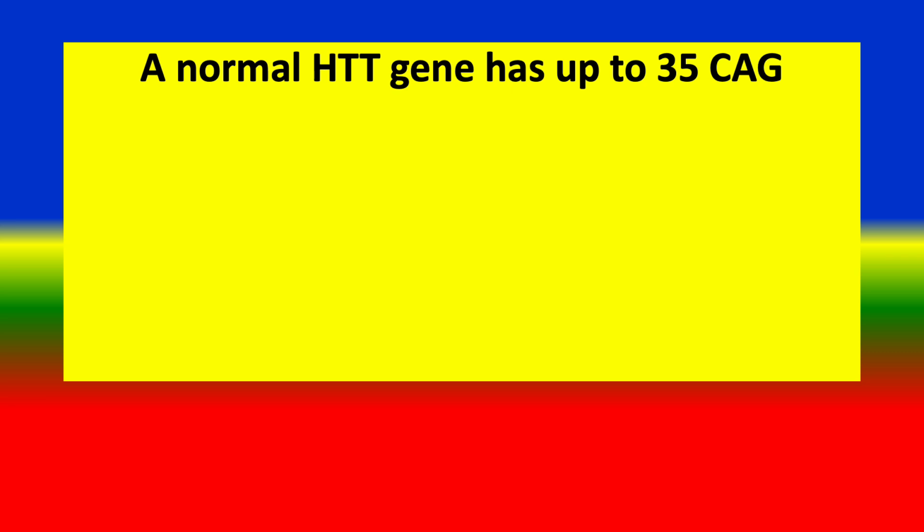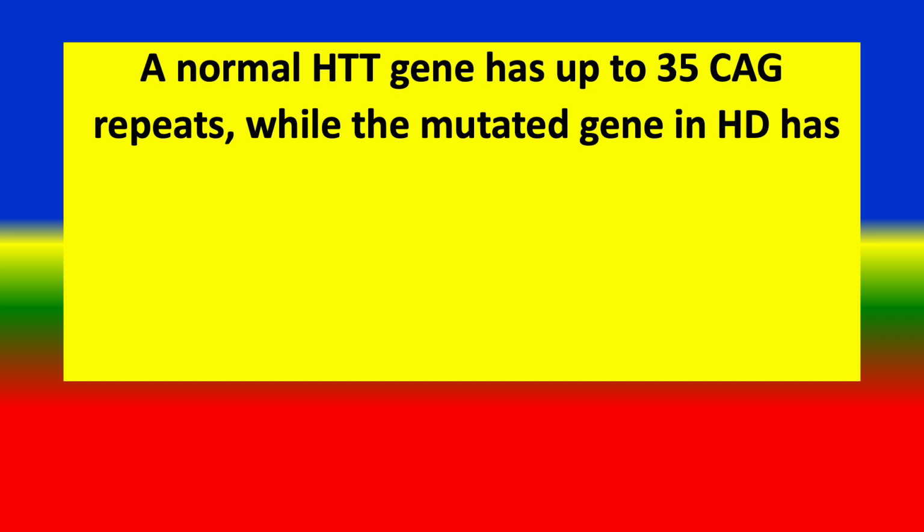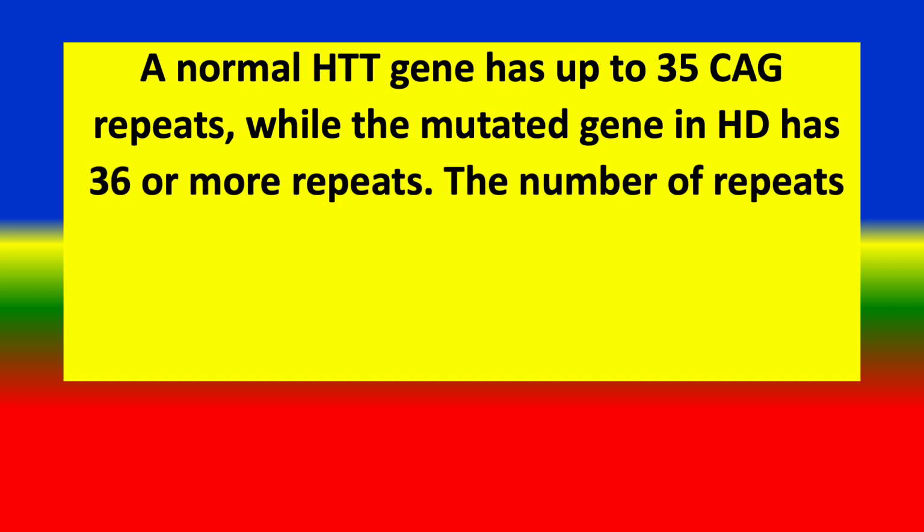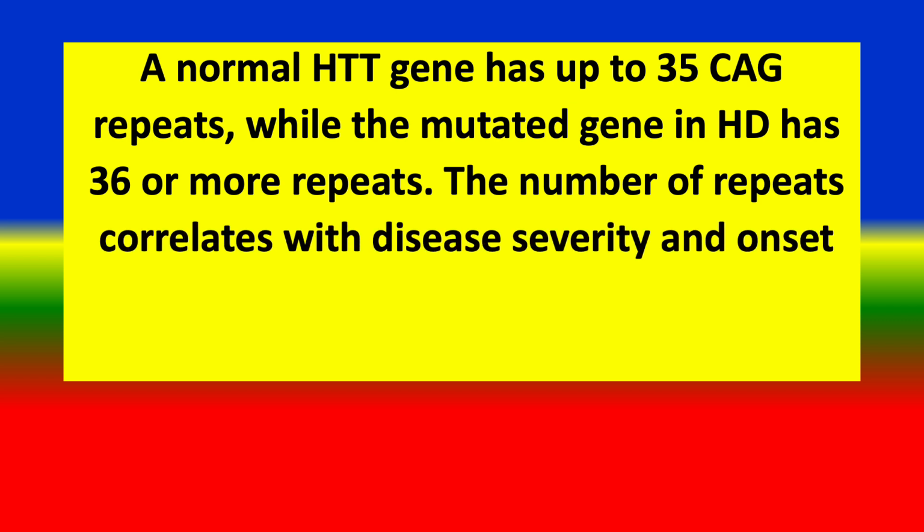A normal HTT gene has up to 35 CAG repeats, while the mutated gene in HD has 36 or more repeats. The number of repeats correlates with disease severity and onset age.